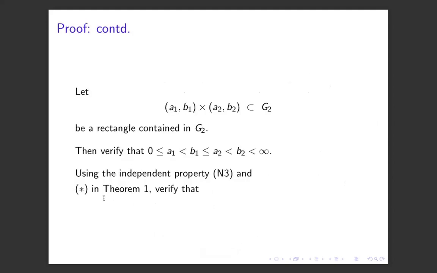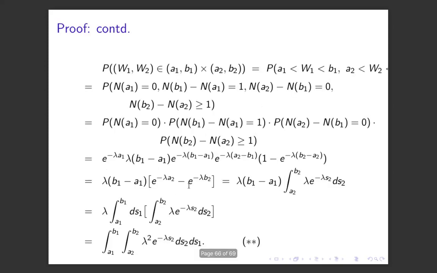By that theorem and the equation asterisk in 1, we know that N(A1) has a Poisson distribution with parameter lambda times A1. So the probability N(A1) equal to 0 is precisely e to the power minus lambda times A1.